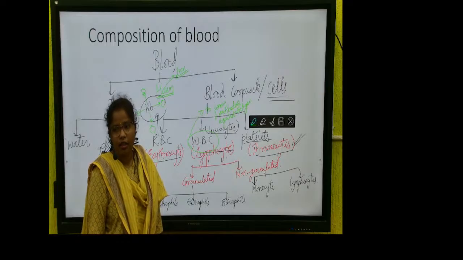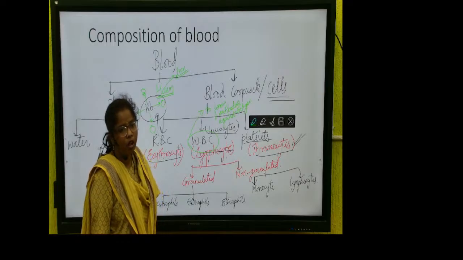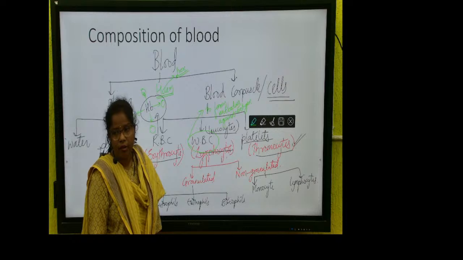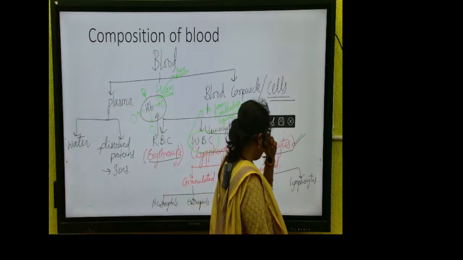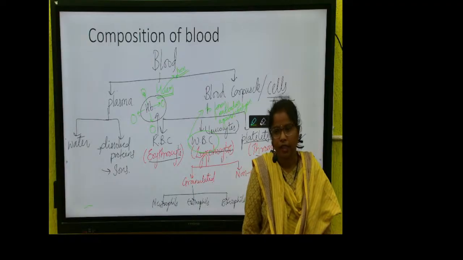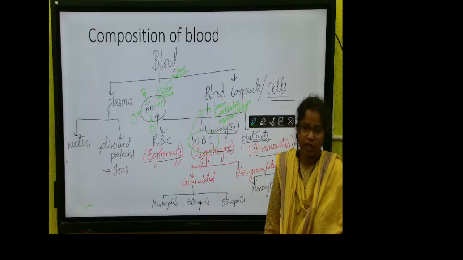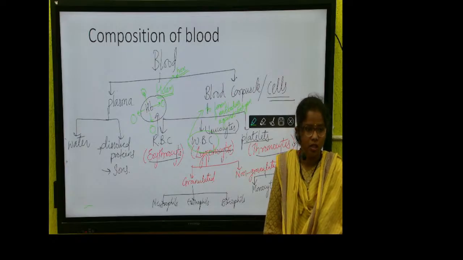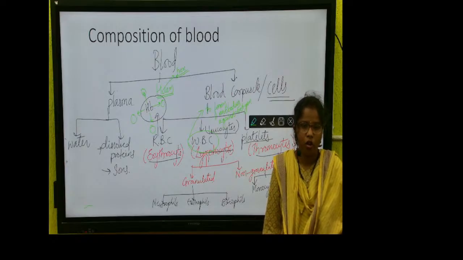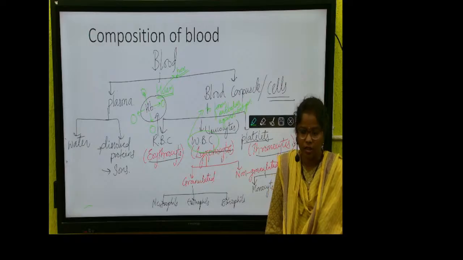And what is another name of WBC? क्या बोलते हैं इसको हम, leukocyte. Then the third one is thrombocyte or platelet. The function of thrombocyte is the formation of clots during injury.